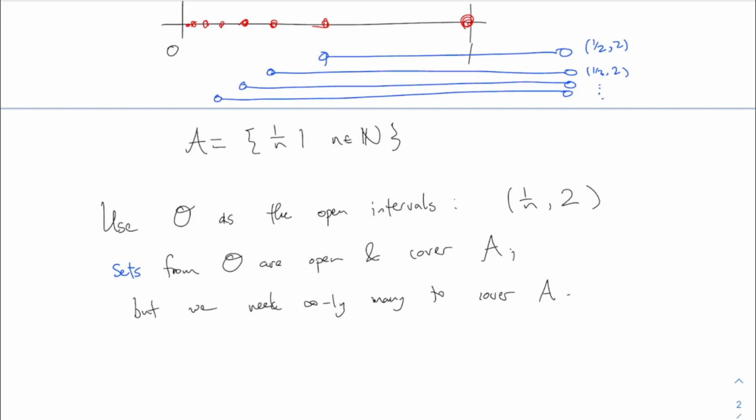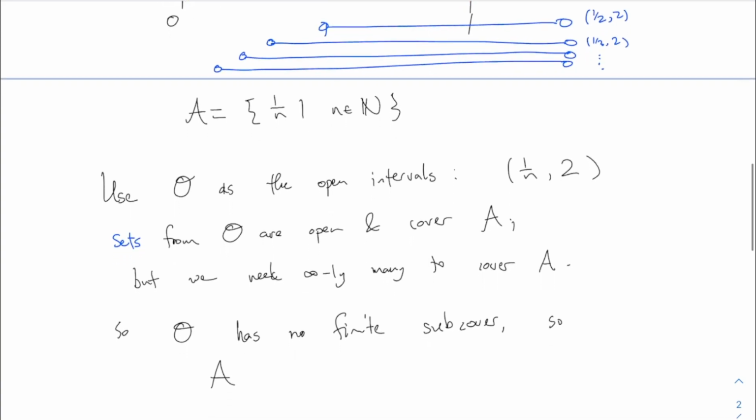Because no individual one actually stretches all the way and gets all the points. So this O has no finite subcover. So that means A is not compact. This is an open cover with no finite subcover.